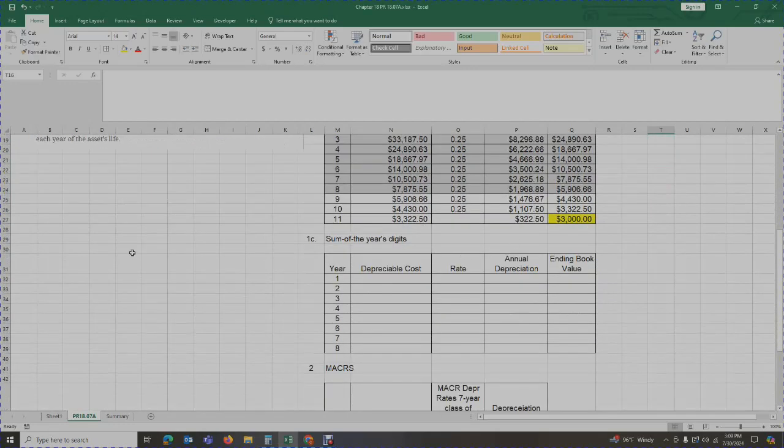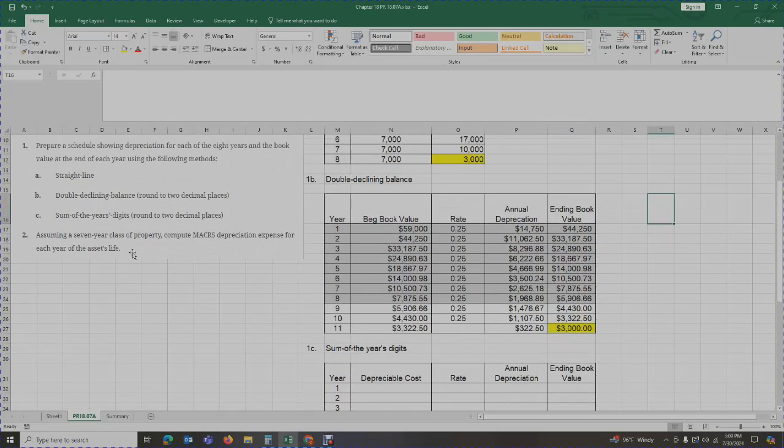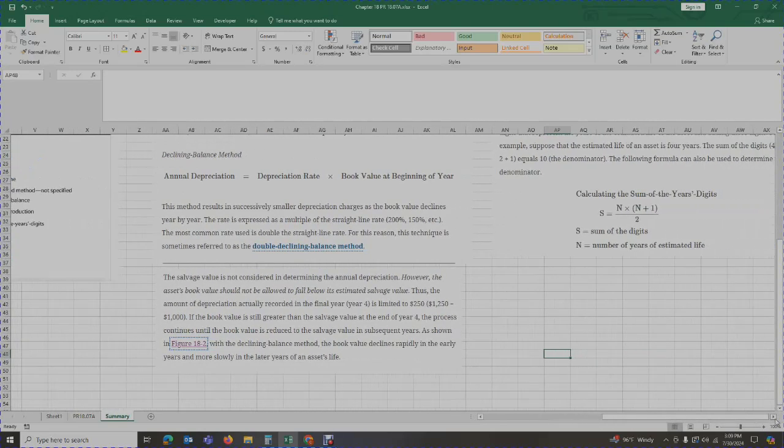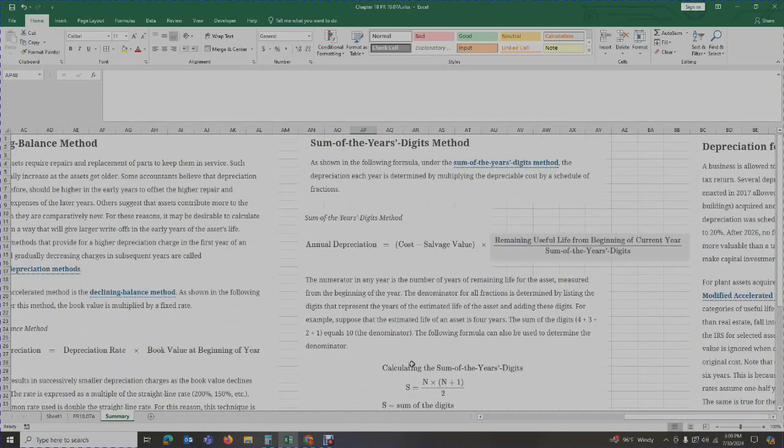Now we're doing sum of the year's digits. Okay? For the sum of the year's digits, we have some formulas that we have to apply. So, sum of the year's digits is determined by this formula that we have. The cost minus the salvage value times the remaining useful life from the beginning of the current year divided by the sum of the digits.